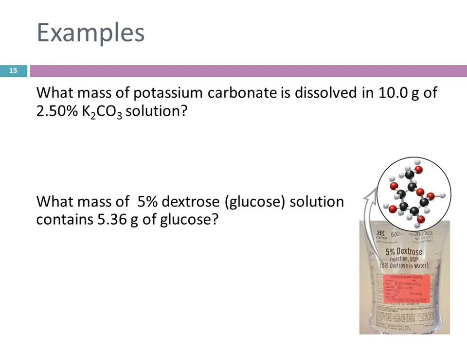A couple more examples. What mass of potassium carbonate is dissolved in 10 grams of 2.5% potassium carbonate solution? So 10.0 grams is what we're given. That's grams of what?